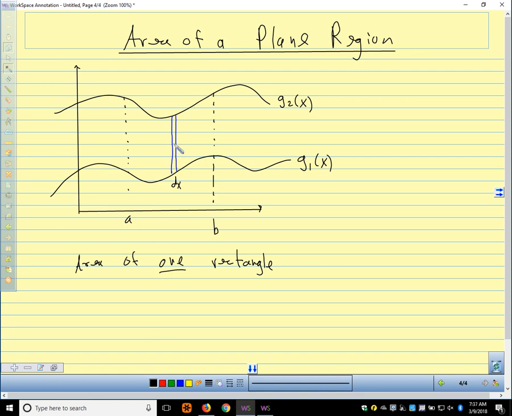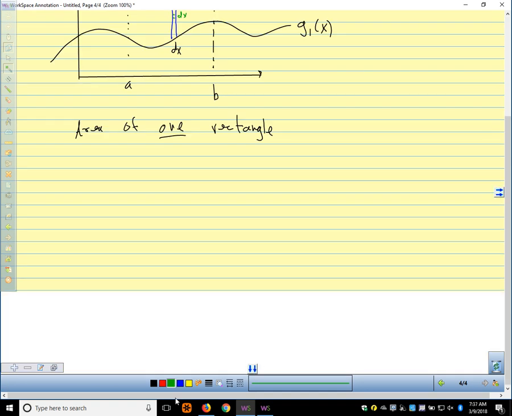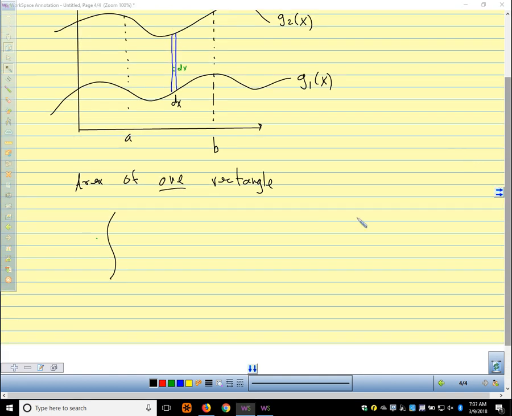So we're going to divide this little rectangle into little pieces, dy. So how would we represent the area of that one rectangle as an integral? Isn't our area just going to be the integral of dy from g1 of x to g2 of x?